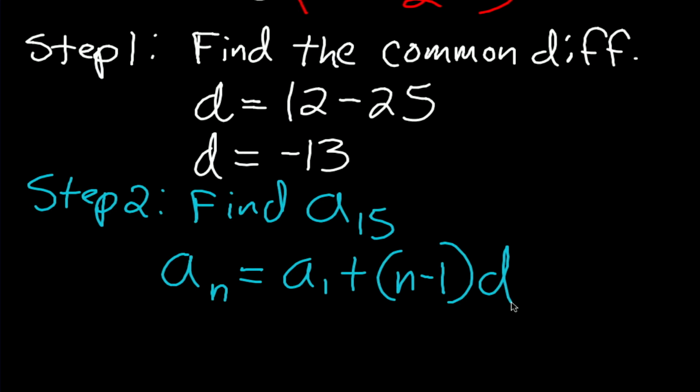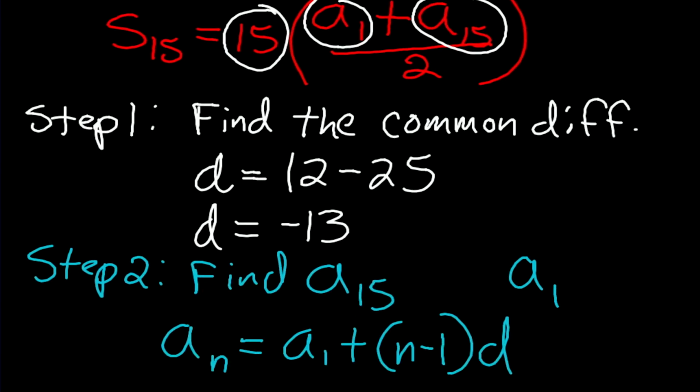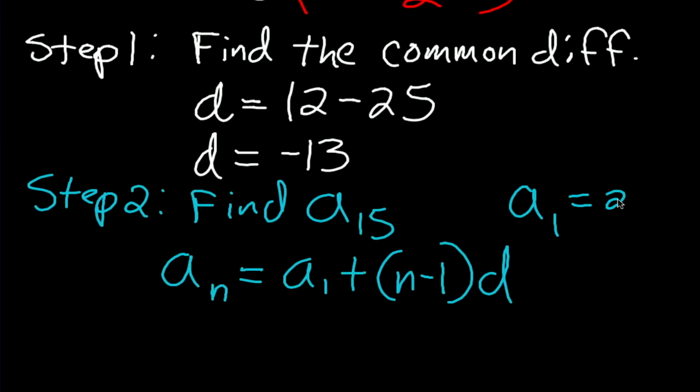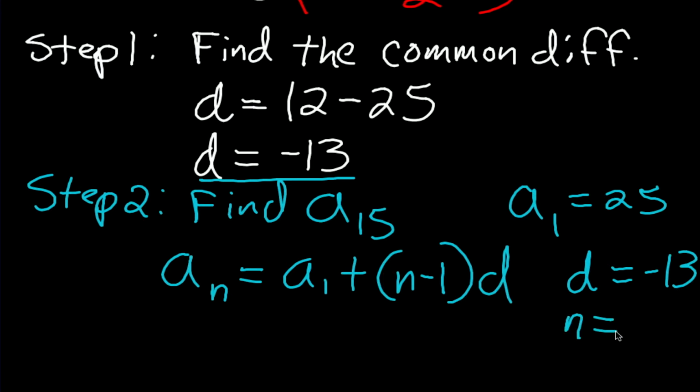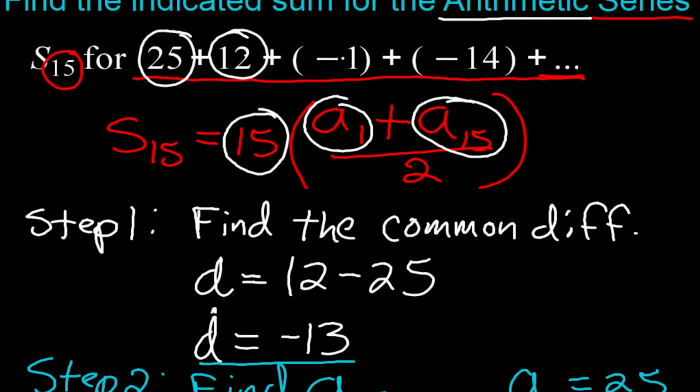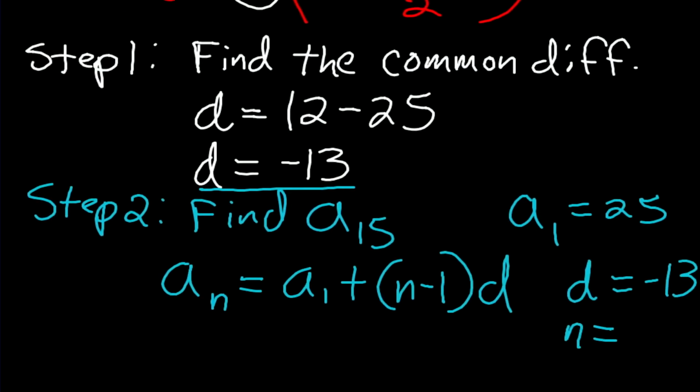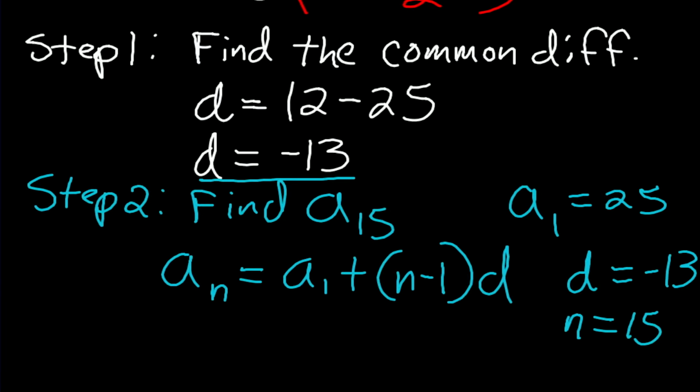All right, I already know what a sub 1 was by looking at what was given. a sub 1 was going to be 25. We just found the common difference up here, so d is going to equal negative 13. And of course, we know n is going to be what term we wanted to find? We're going to find the 15th term. So n is going to be equal to 15.